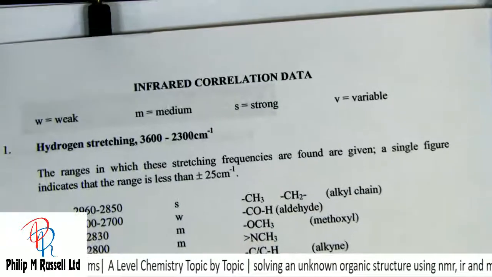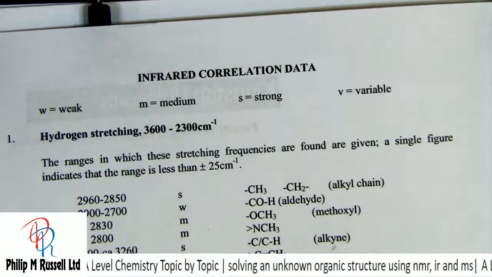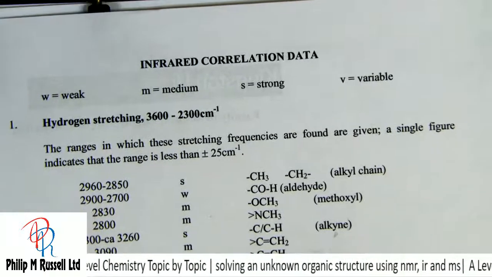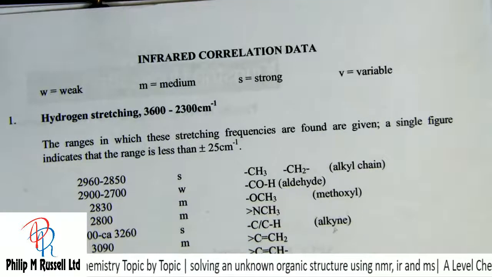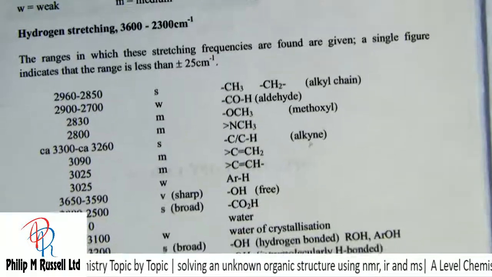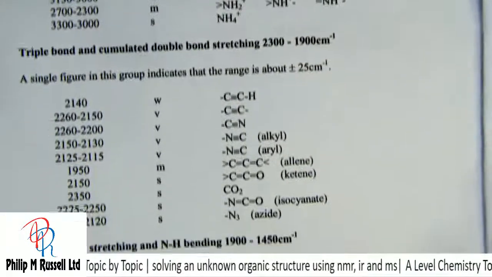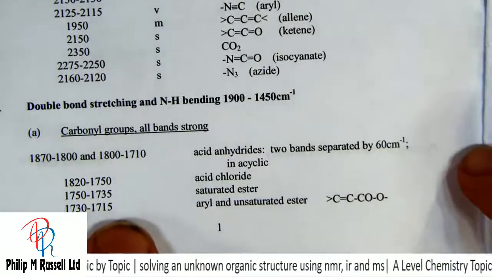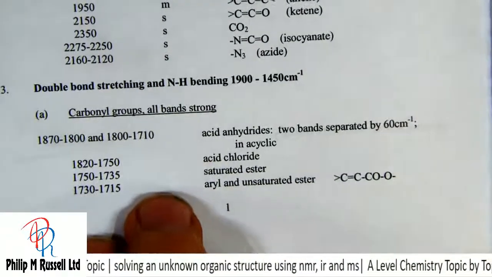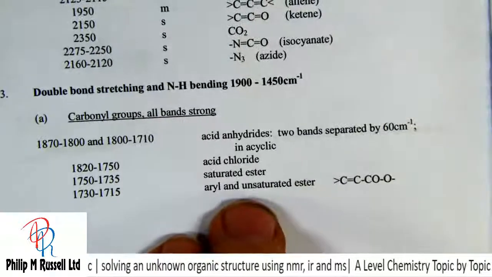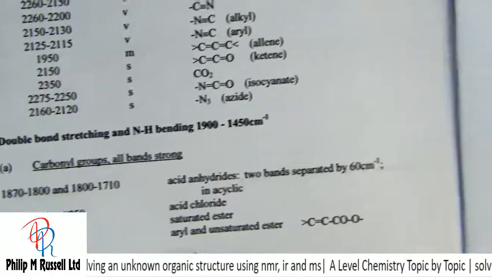We might have other things to look at. 1720 could be something down here, like a CO bond, could be a C double bond O.